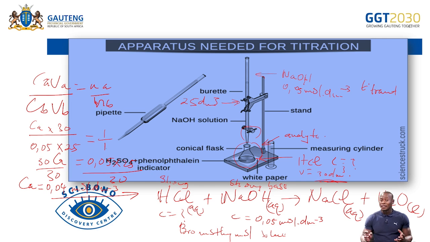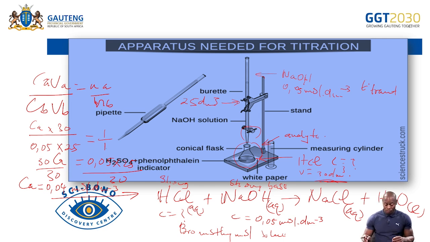Okay, so these are the important apparatus that we need to perform titration, right? The important one here is the burette. All right, so the burette is going to give us the volume that titrated the volume of a solution of which we don't know its concentration.